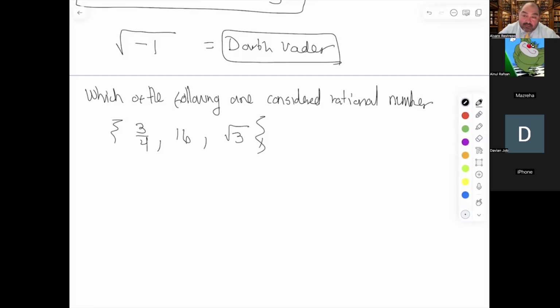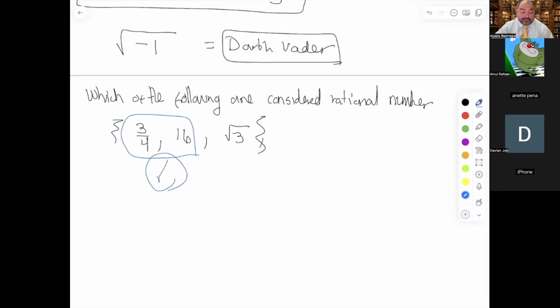Which is a rational number? 3/4. 16. Yes. 3/4. Correct. Next. Which are considered integers?